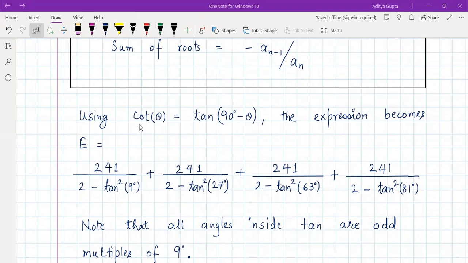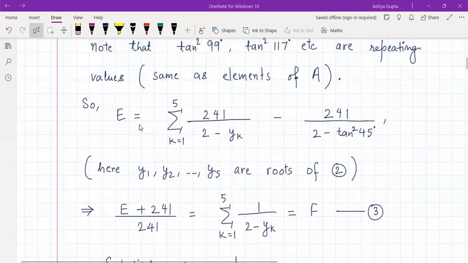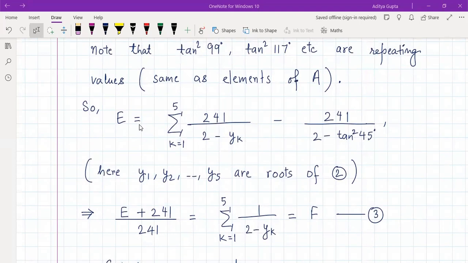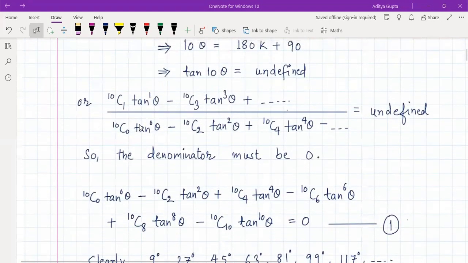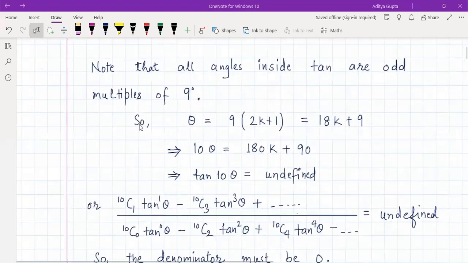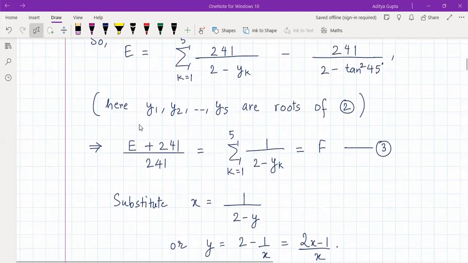We need to observe that, right? So we subtract that from this summation. That's the reason why this particular term has been subtracted from this entire sum. So when you open this sum and subtract the y3 term, you'll only be left with the sum of 4 terms, which directly corresponds to the value of E that we have to evaluate. Okay, so now I hope this point is very clear.